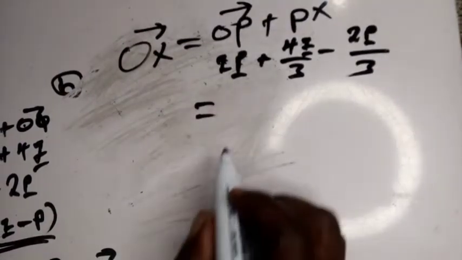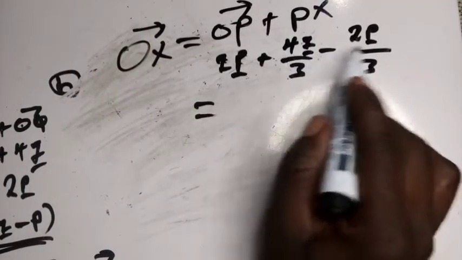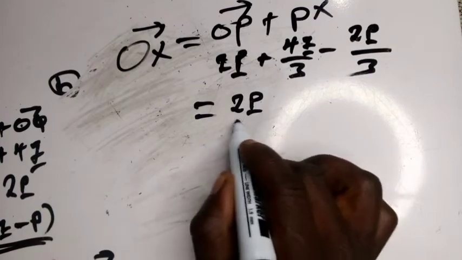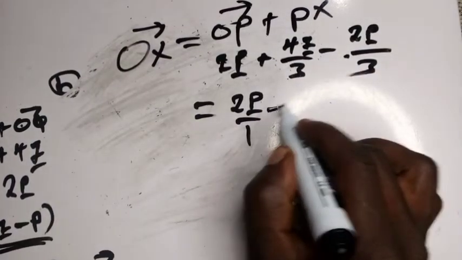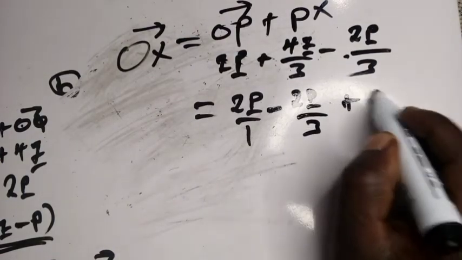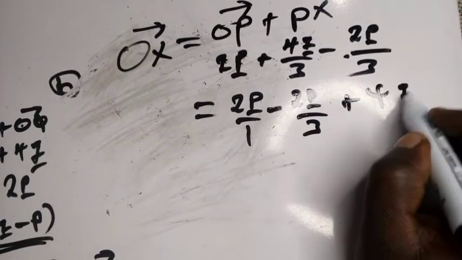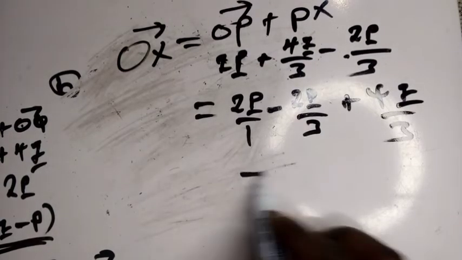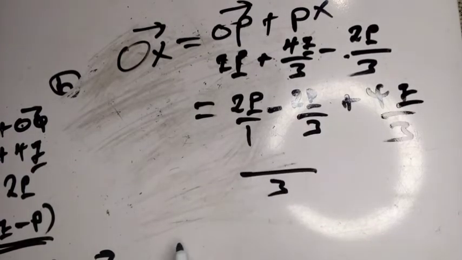Then let's simplify this one. It will be 2p over 1, then minus 2p over 3 plus 4q over 3. What's common is the common denominator 3.